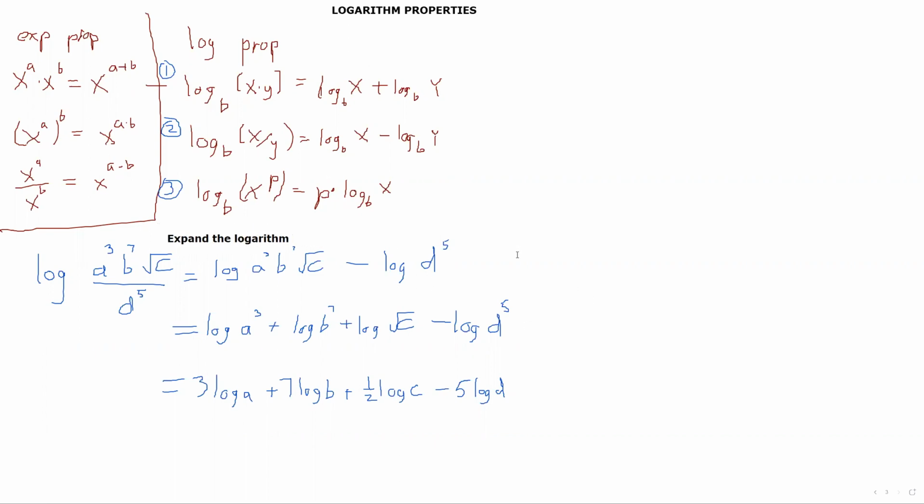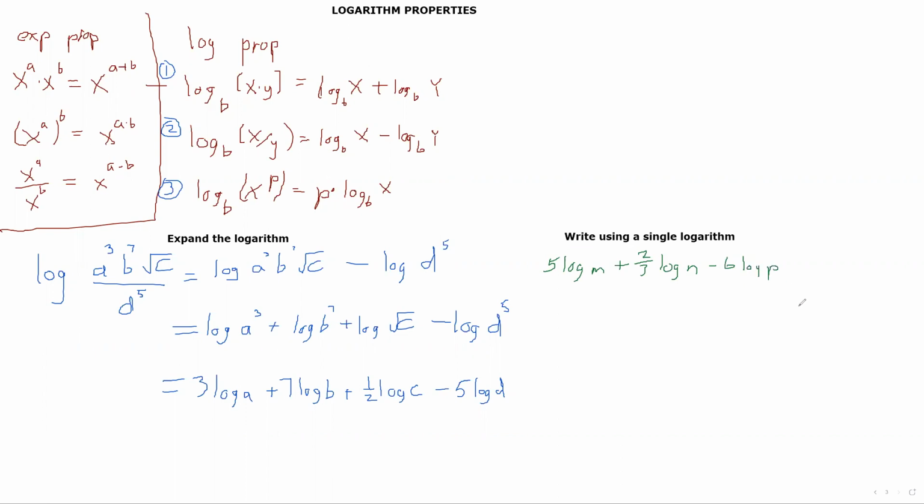Sometimes they will say instead to write using a single logarithm. And now we're going to do the exact opposite. So we're going to take something like 5 log of, let's use some different letters, f, I guess f isn't really a good part of the alphabet, m, plus 2/3 log n minus 6 log p.